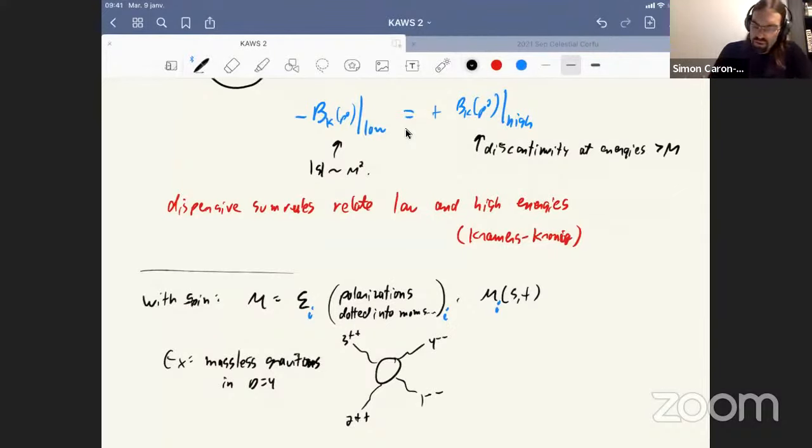And then you get an amplitude that has some factors of polarizations, but in 4 dimensions for massless particles, we can also think in terms of spinor helicity variables. And this amplitude here will look like some factor of angle bracket 12 to the 4, 23 to the 4, simply because each spinor carries spin half, so you need 4 powers of them to get spin 2. So you get some factor like this.